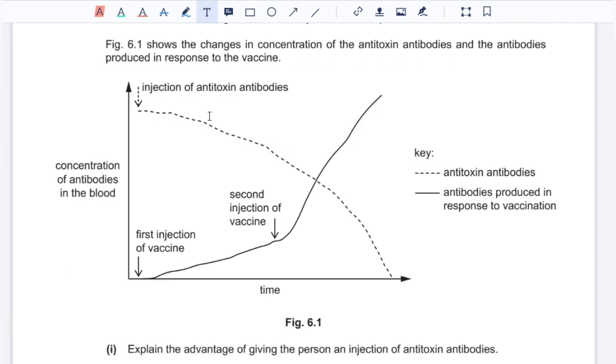Alright, this vaccine will contain dead or harmless pathogens, which are bacteria in this case, that will secrete the toxin. The antitoxin antibodies over here will only neutralize the toxin, which means that any bacteria which are present in the body of the infected person can make more of the toxin.